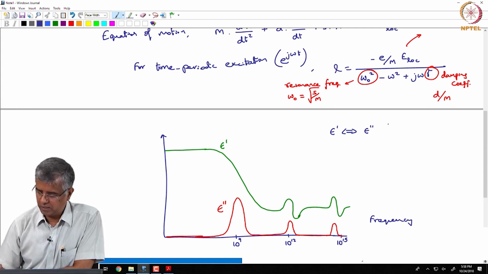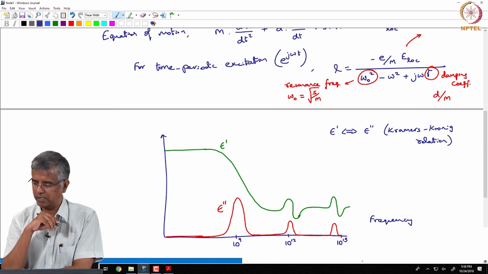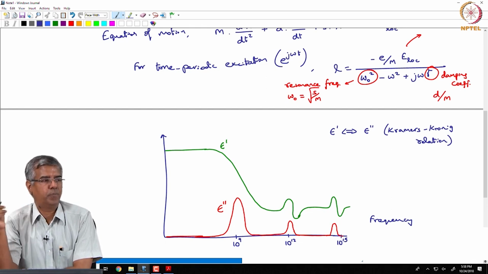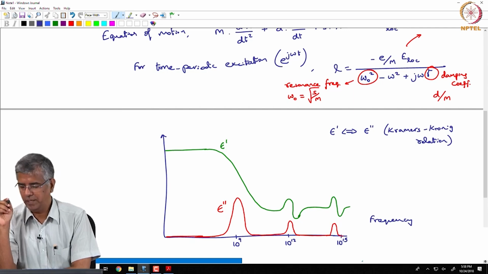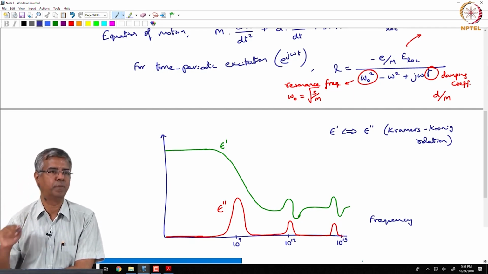The specific relationship is called the Kramers-Kronig relation, which essentially says that whenever there is a change in epsilon prime, the real part, there is going to be a corresponding change in the imaginary part and vice versa. All that is just coming from the expression for the displacement.